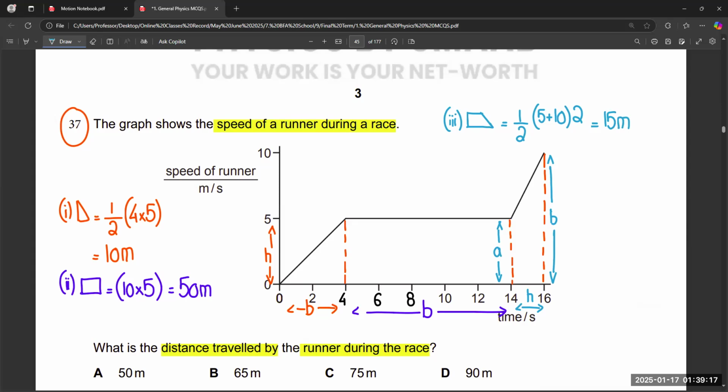So 50, 60, 75. So the total answer is 75 meters combined.